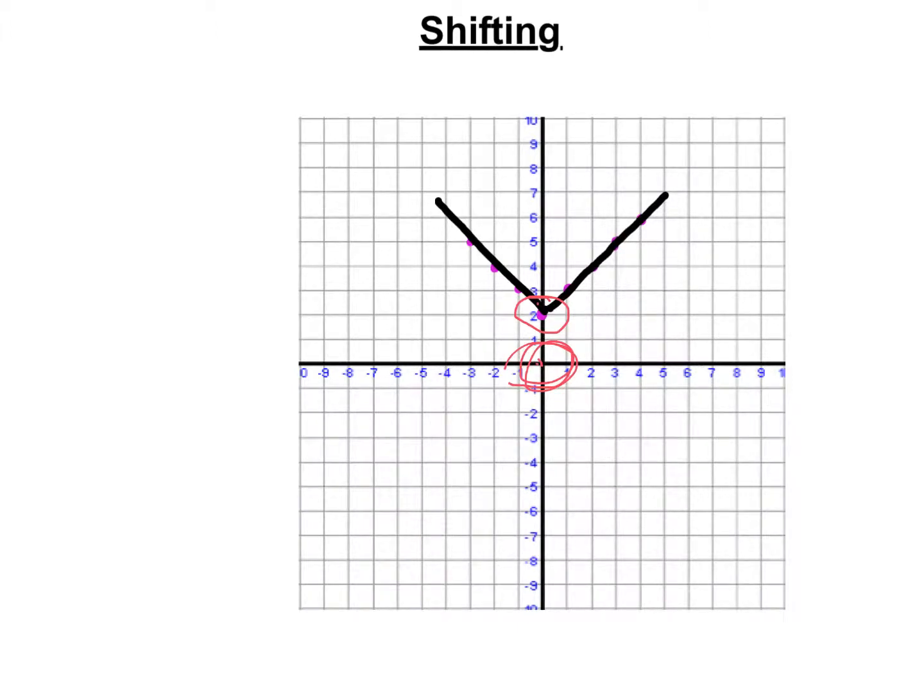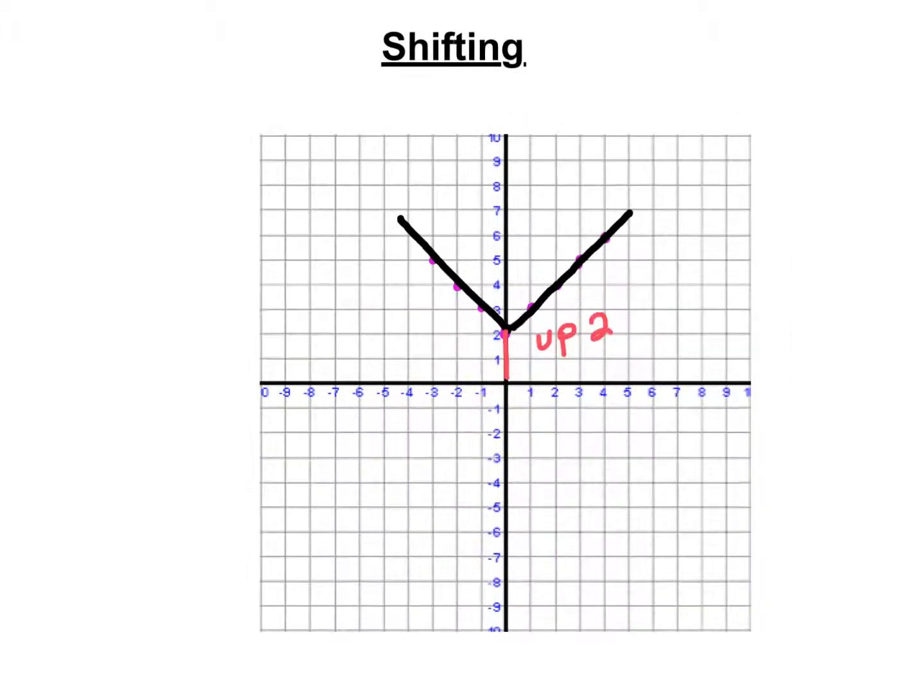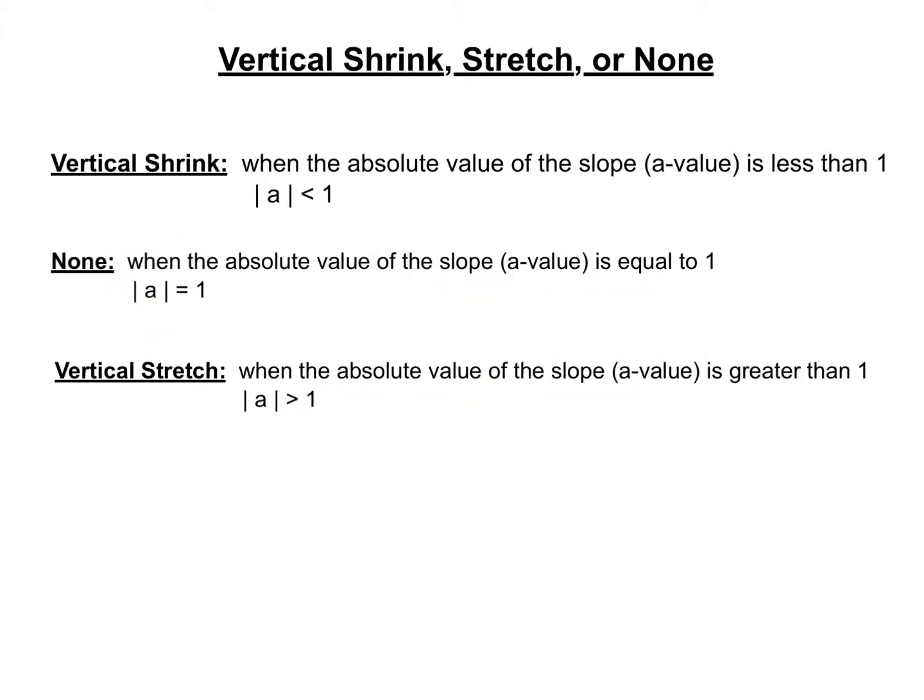So from here we went up how many spaces? 1 and 2, right? We went up 2 spaces. Therefore, we would say the shift is up 2. Pretty easy.